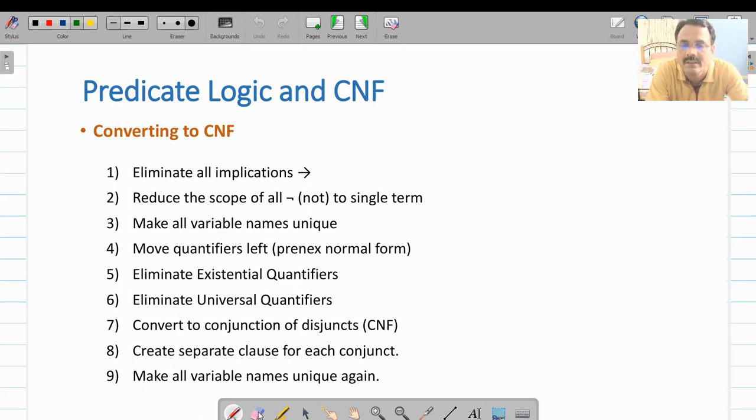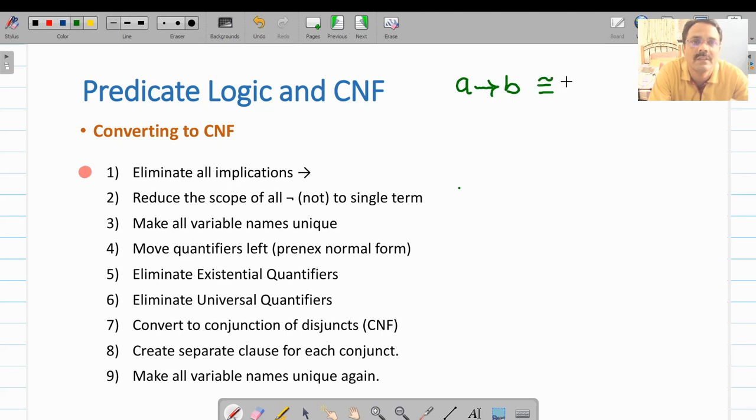The first step in this conversion process is to eliminate all implications. So let us recall what implication is. Suppose I have the predicate statement A implies B. You have to remove this implication, which you can easily do by using an equivalence property.